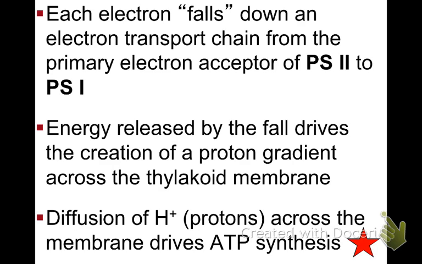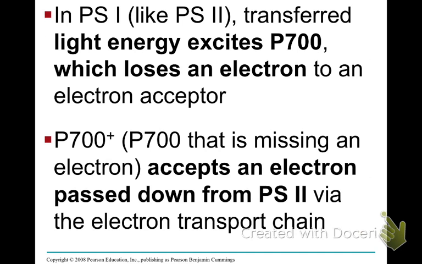This creates a gradient across the thylakoid membrane inside the lumen, and diffusion across the membrane drives the ATP synthesis into the stroma.